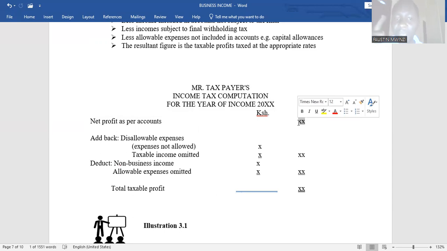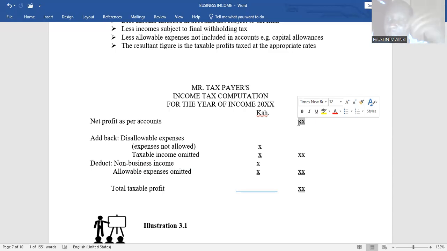Now we come to make an argument here. Those expenses that you have deducted and they are allowable, it means that they should have been deducted.